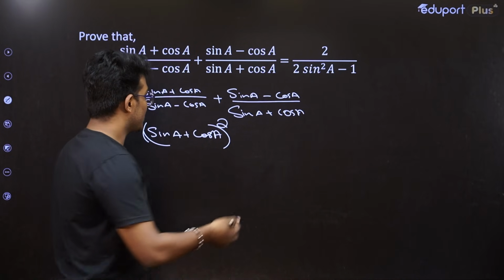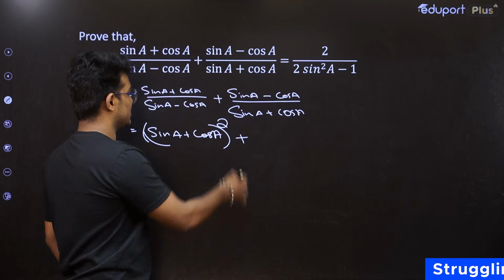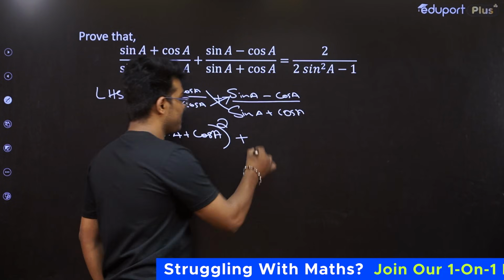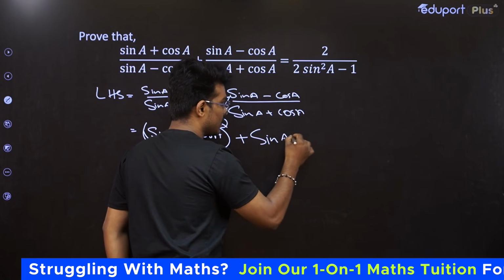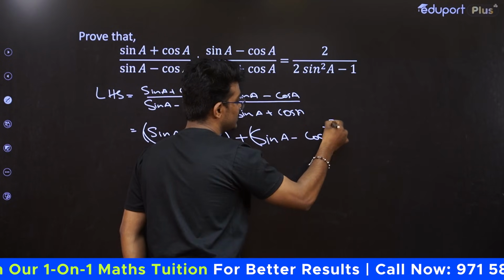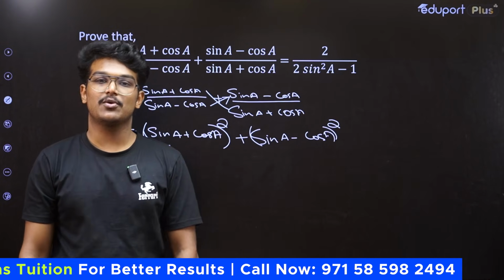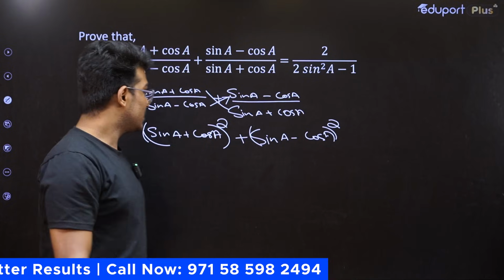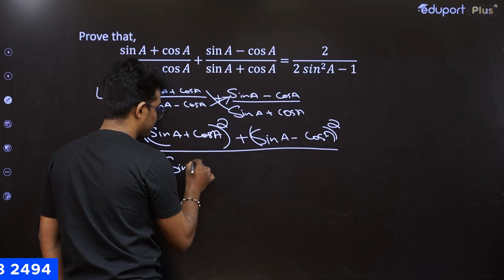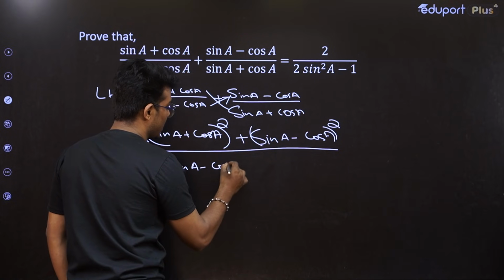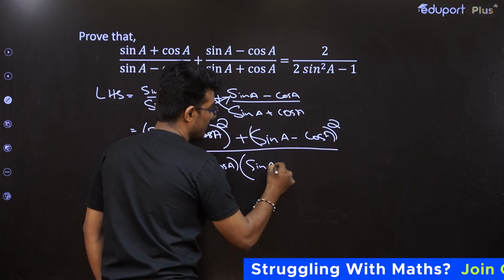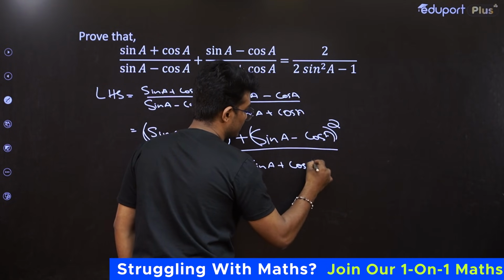Plus, the second one is sin A minus cos A into sin A minus cos A, that is sin A minus cos A whole square. Then the denominator is sin A minus cos A into sin A plus cos A.